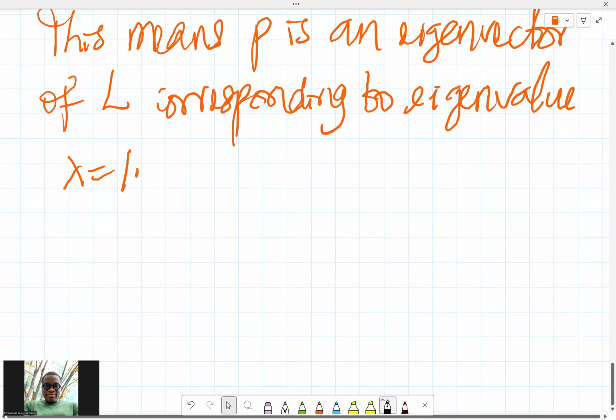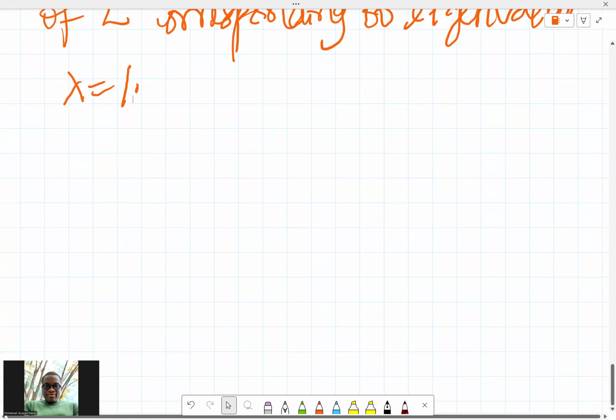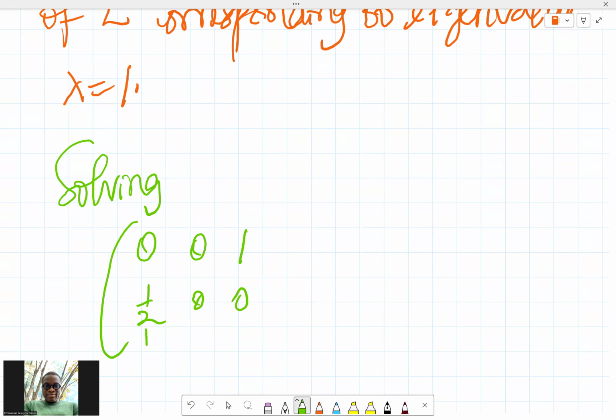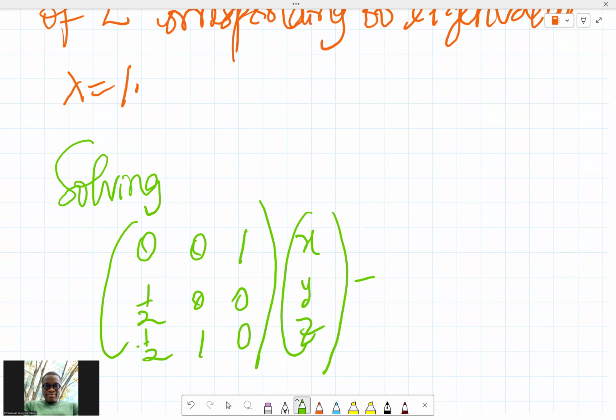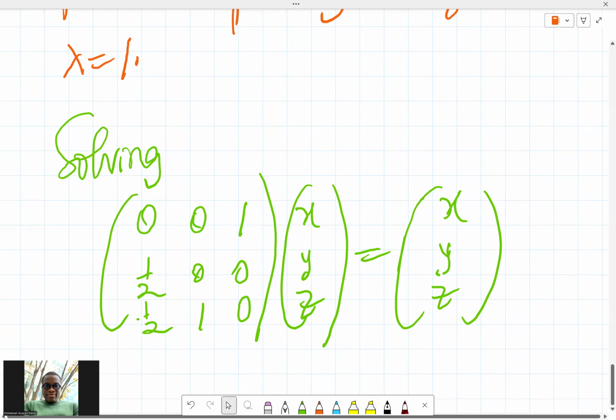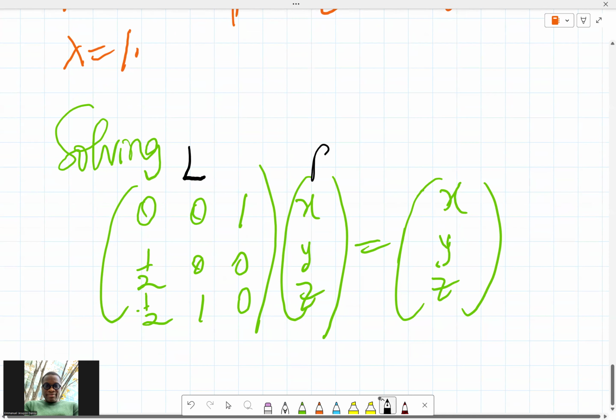So let's go ahead to solve. Now solving the matrix 0, 0, 1, half, 0, 0, half, 1, 0 times x, y, z equals x, y, z. Okay, so this is what we have here. Now, this is our LP equals P. That's exactly what's happening here.